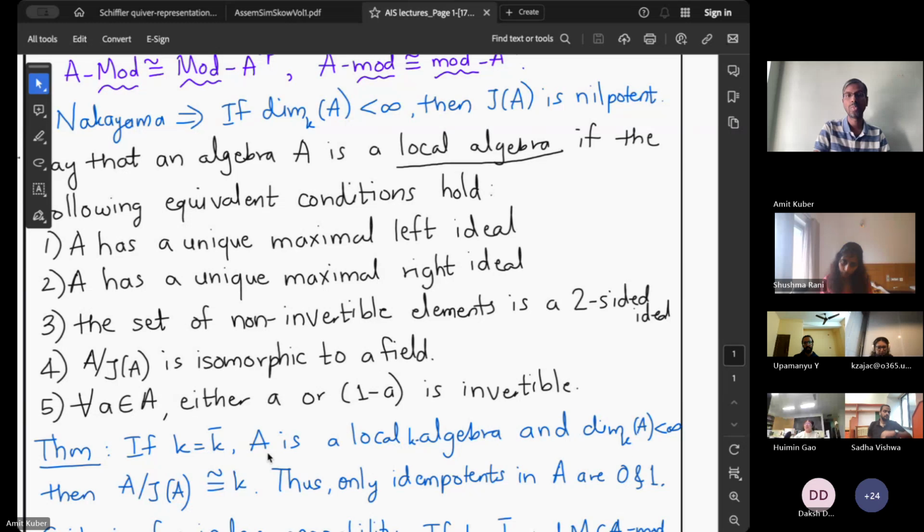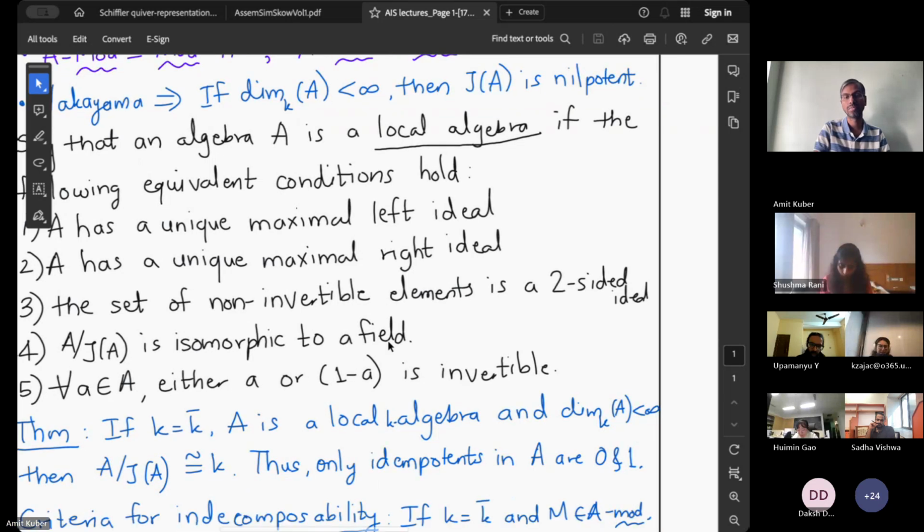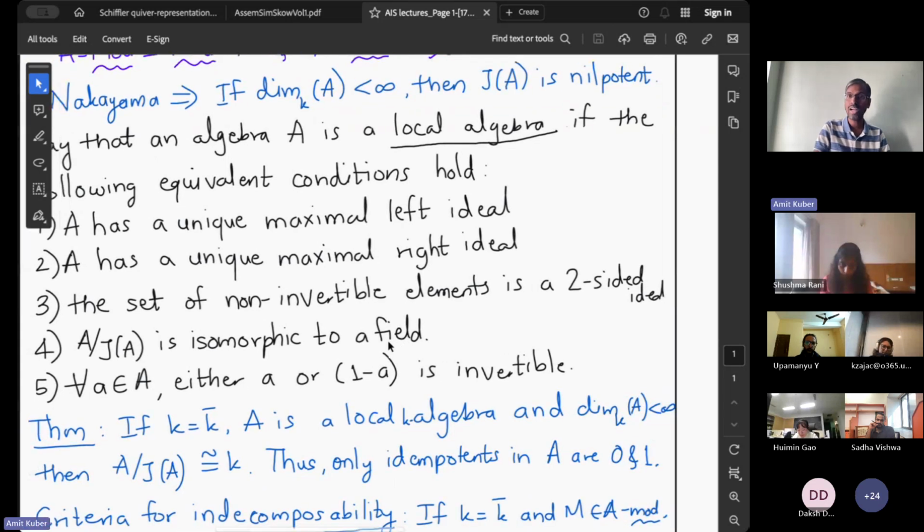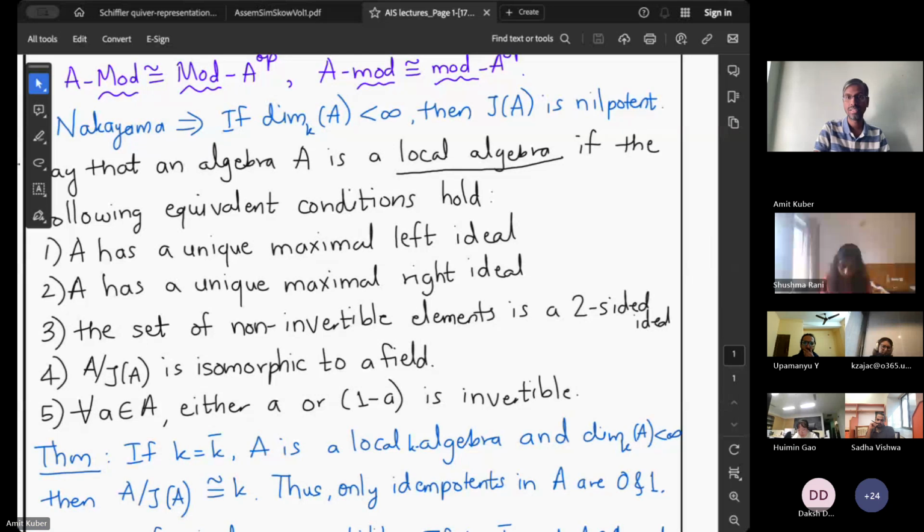And therefore, the only idempotents in the local algebra are 0 and 1. Do you understand idempotents? The elements whose square is itself. I have one more slide about idempotents.